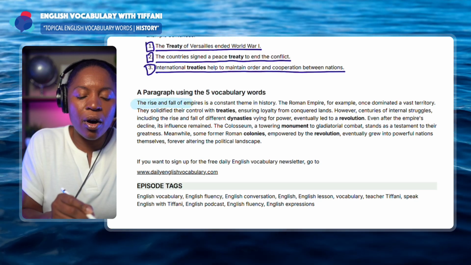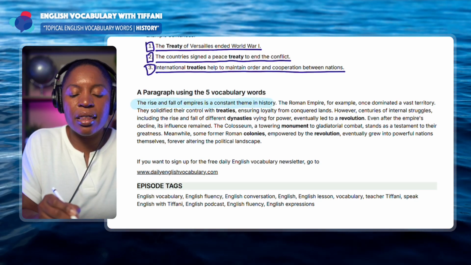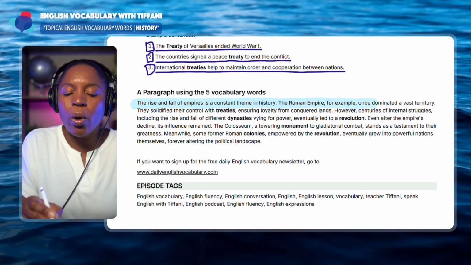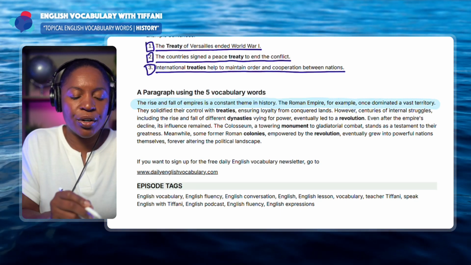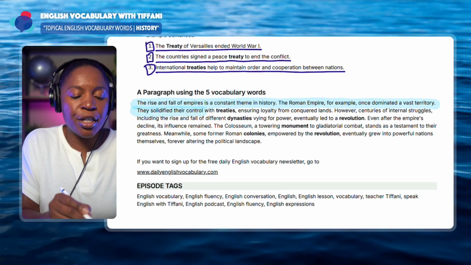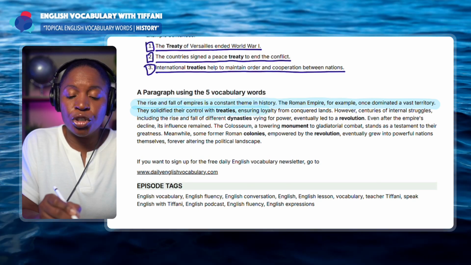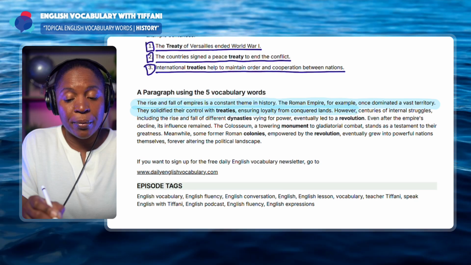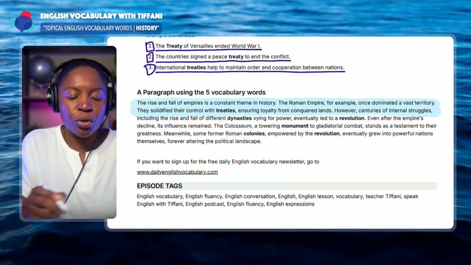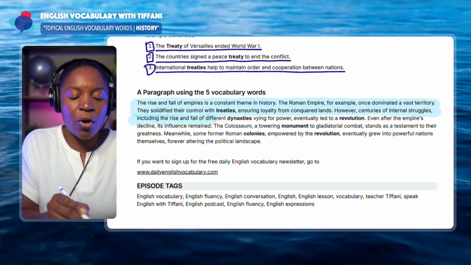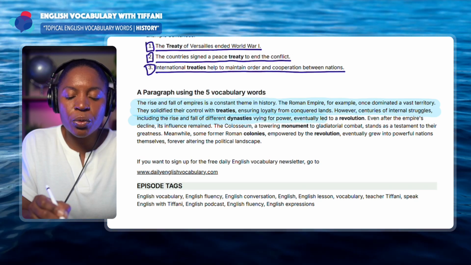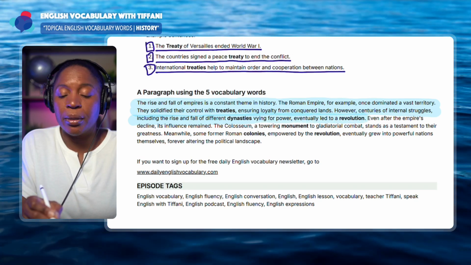The rise and fall of empires is a constant theme in history. The Roman Empire, for example, once dominated a vast territory. They solidified their control with treaties, ensuring loyalty from conquered lands. However, centuries of internal struggles, including the rise and fall of different dynasties vying for power, eventually led to a revolution.